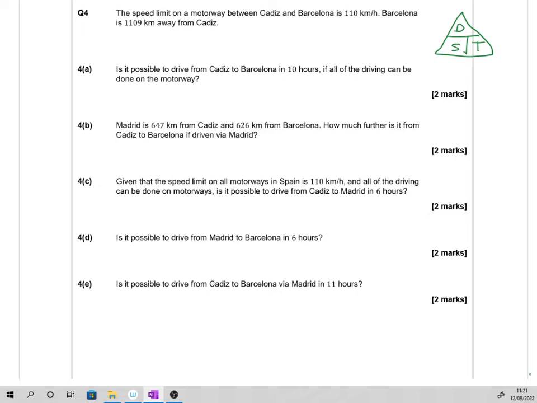So we've got to find the time, which is the distance divided by the speed. 1109 divided by 110 is 10.081 hours. Is it possible to drive in 10 hours? No.